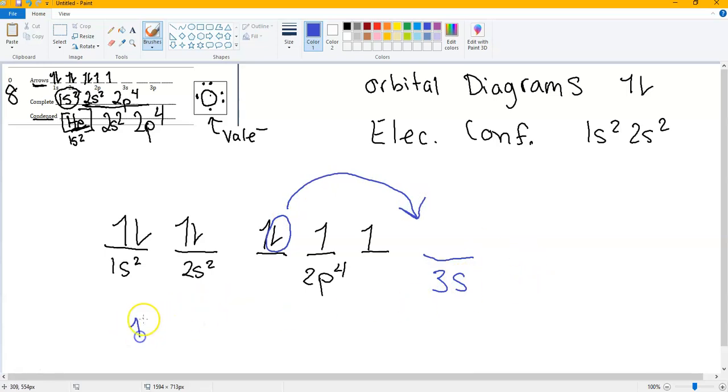So instead, what you would write is something like this. Because one of the electrons has gotten excited and jumped to the next energy level.